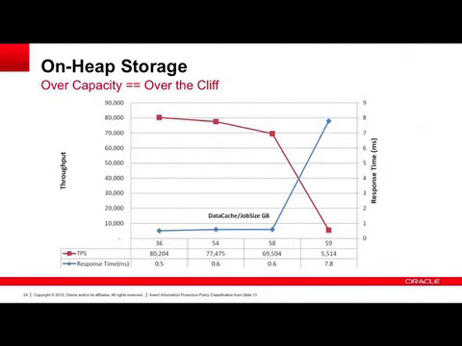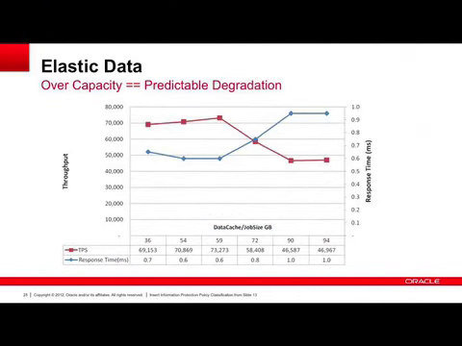There's a point of inflection where you start falling into really pathological GC behavior. Your latency shoots up, your throughput drops to the floor. This is 80,000 transactions per second. This is 5,000, so basically complete unavailability, 100% GC.